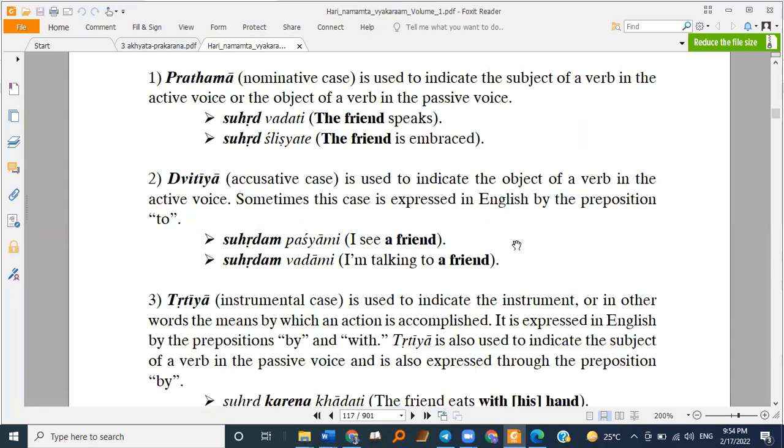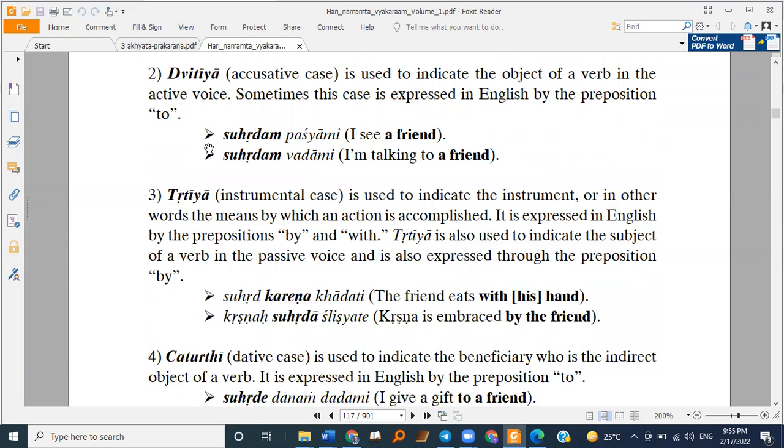It is the friend, Suhridam. Like Aham Annam Khadami, I'm eating food. So the food becomes the object of the activity of eating. So Dvitiya deals with that. These are not the only meanings of each case; they are one of the many meanings each case denotes.